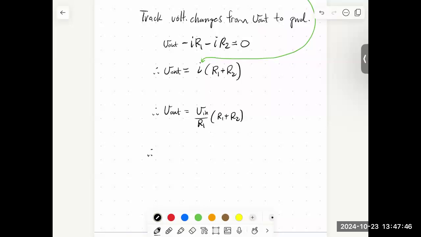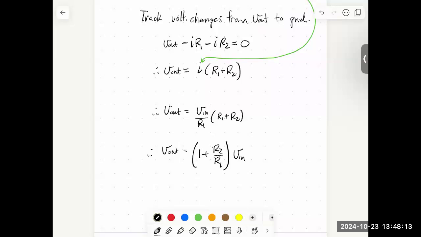And so therefore, let's say we want to calculate V out. I could write this as 1 plus R2 over R1 times Vn, right? So let's take this R1, put it in the bracket. We get R1 over R1 is 1 plus R2 over R1, and then all multiplied by Vn.